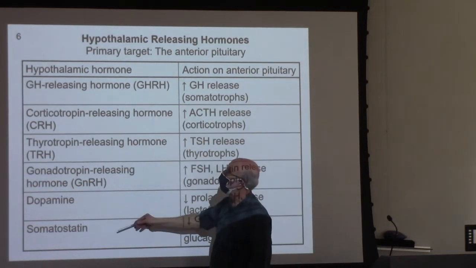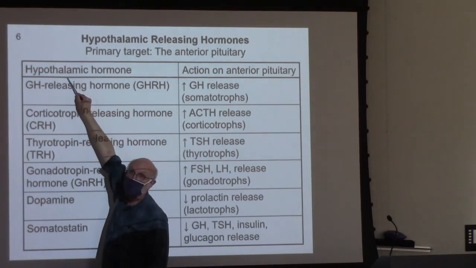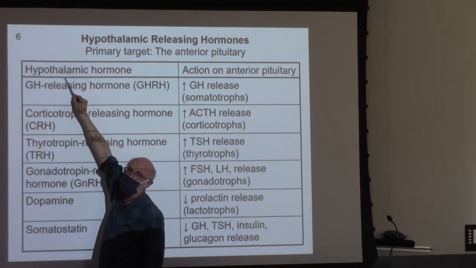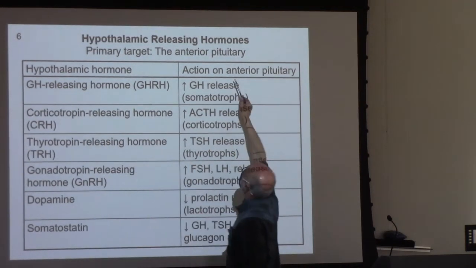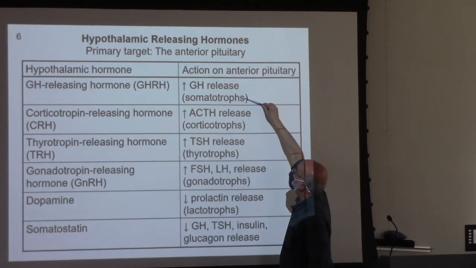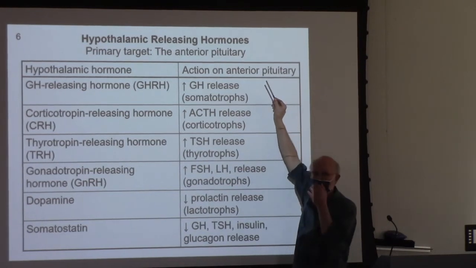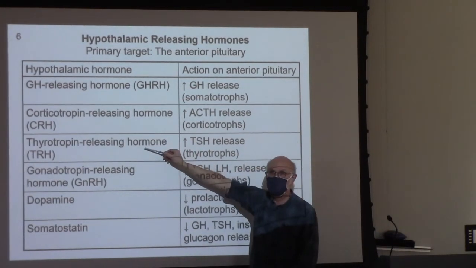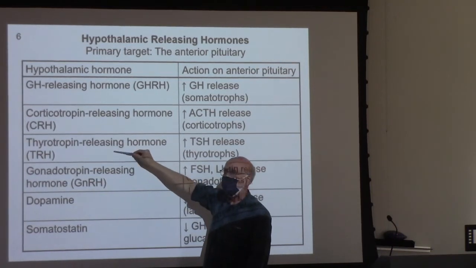This column is the name of the hormone that is released by the hypothalamus into the portal circulation at the median eminence. And this is the name of the cells and the effects in the anterior pituitary of those hormones. So here's the thyroid story.